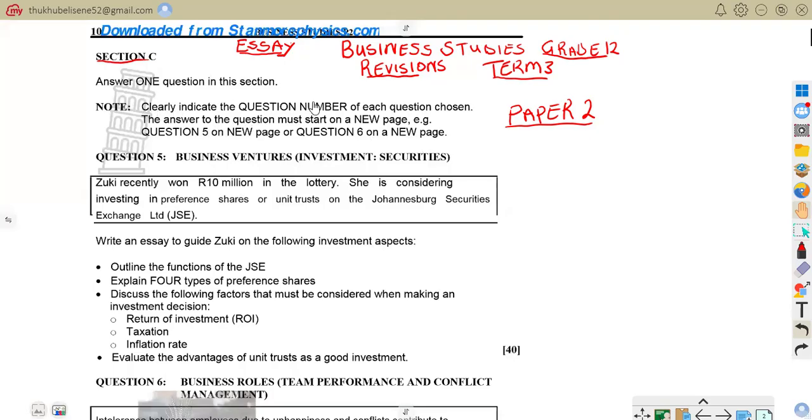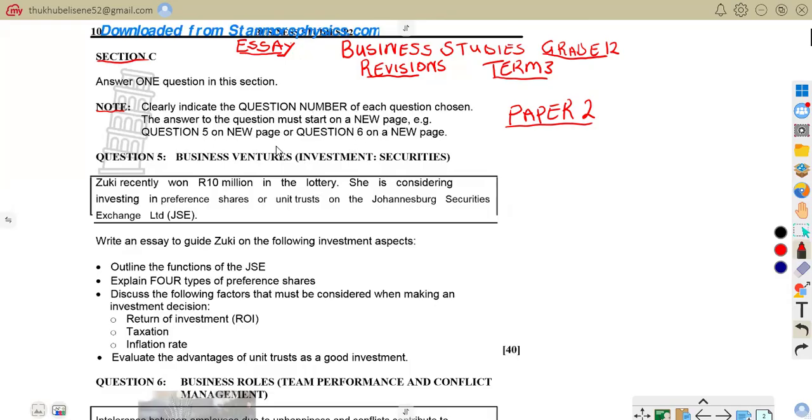There is an instruction there that says, answer one question in this section. Note, clearly indicate the question number of each question chosen. The answer to the question must start on a new page.